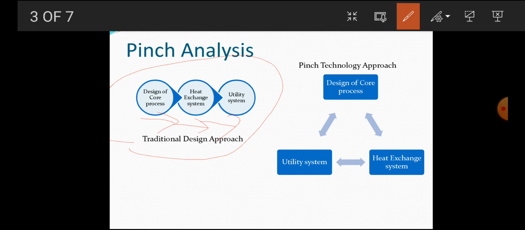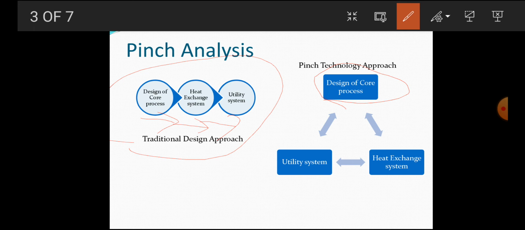But the pinch technology approach offers a novel concept to generate minimum energy consumption before heat recovery network design. Before you start with the design, you can have the heat recovery input.